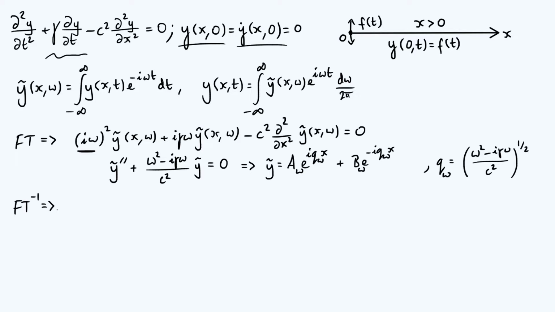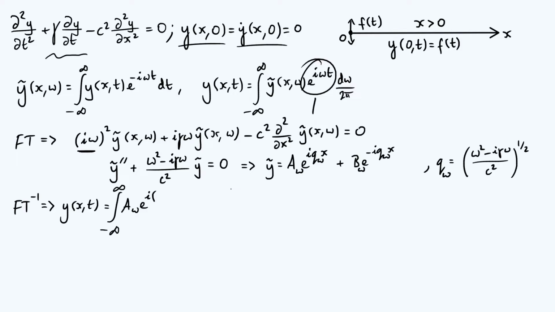So if I apply the inverse Fourier transform, we find that y of x and t is, well, it's an integral from minus infinity to infinity over all values of omega of a omega times e to the i. Now, from your inverse Fourier integral, this term over here, you get a positive omega t, and you're also going to have a plus q x in your complex exponential's exponent.